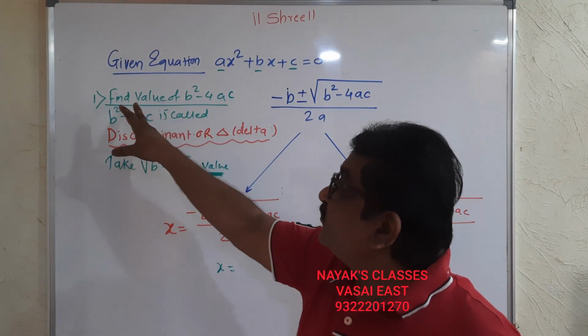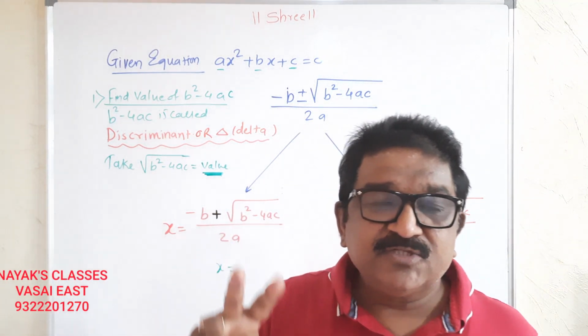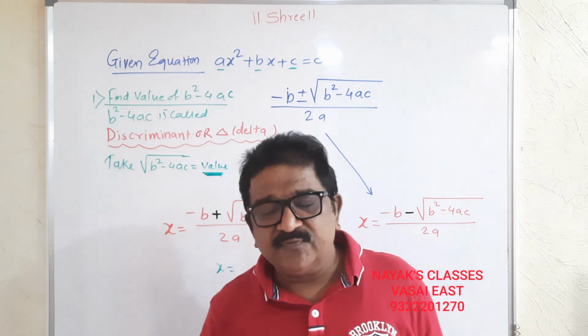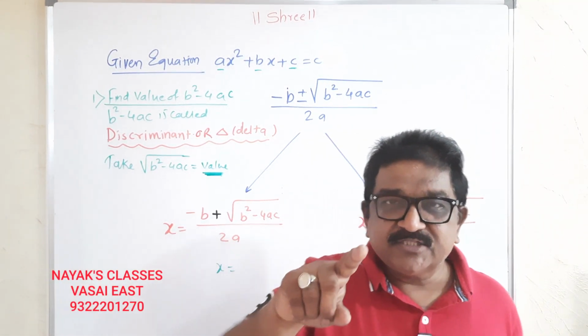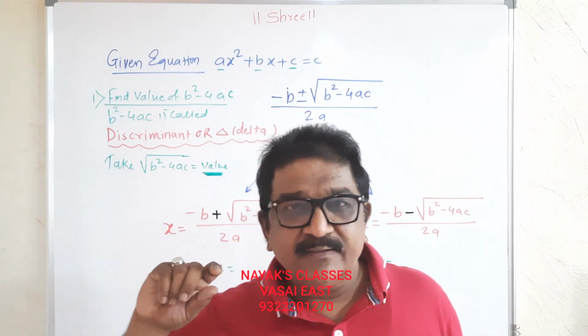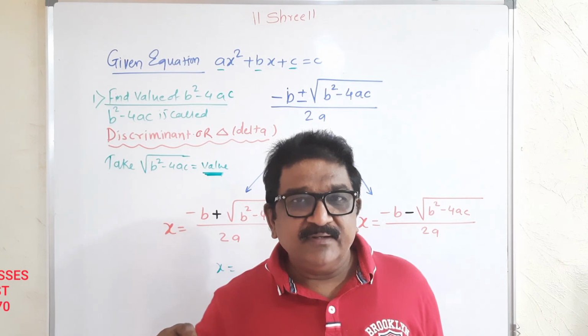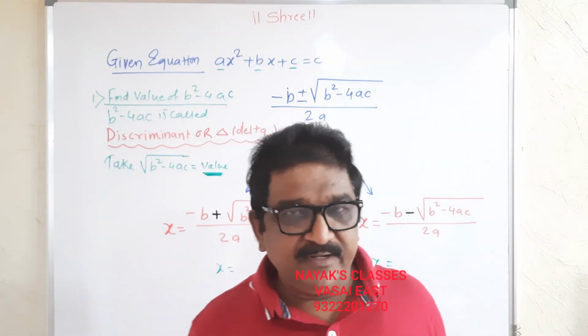After that, find the value of b square minus 4ac. The value of b square minus 4ac is called discriminant. One discriminant we have seen in simultaneous equations. This is a different one.